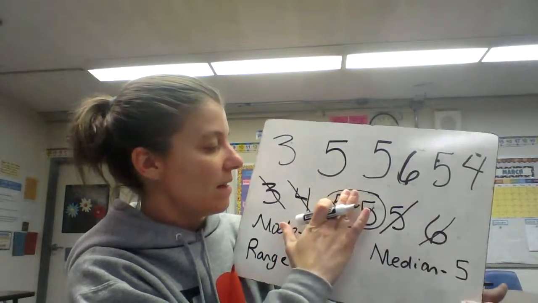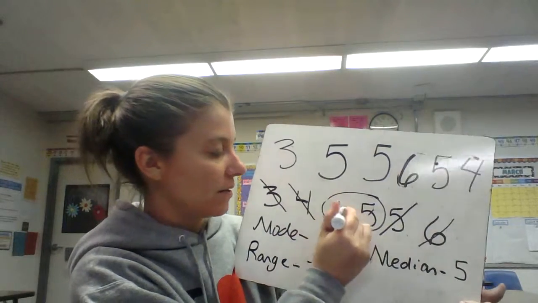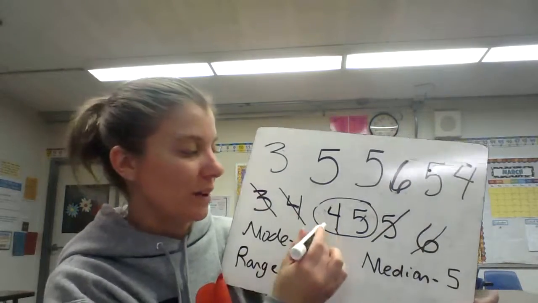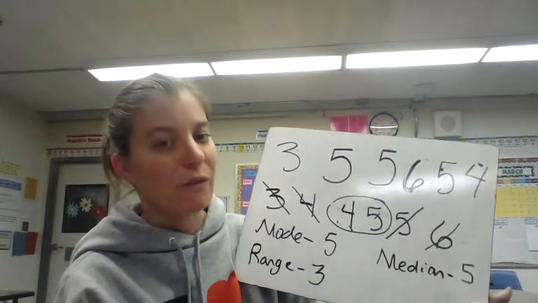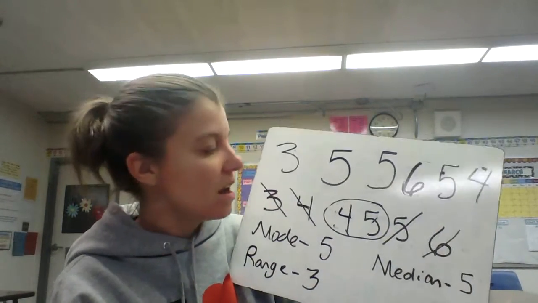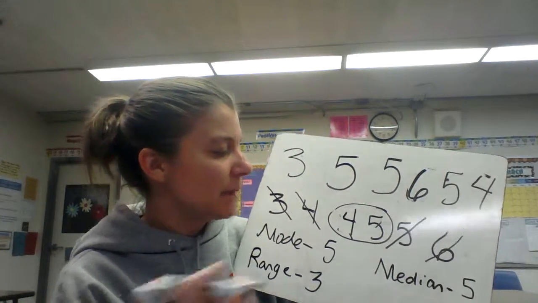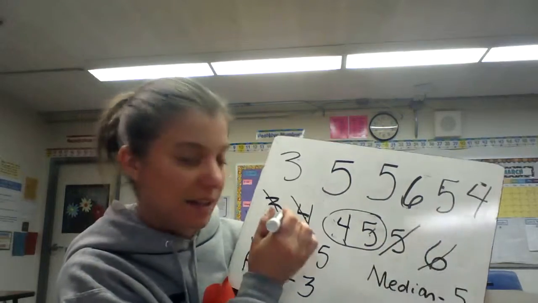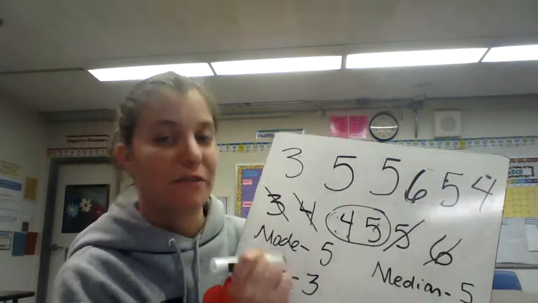But let's say it wasn't 5 in the middle. Let's say this was a 4 here, and we had 4 and 5 left in the middle. What's in between 4 and 5? You guessed it, 4.5. So if you have an even number, like here we have 1, 2, 3, 4, 5, 6, six numbers altogether, there have to be 2 left in the middle.